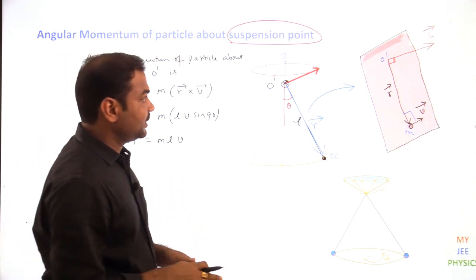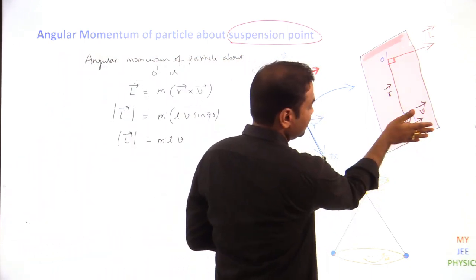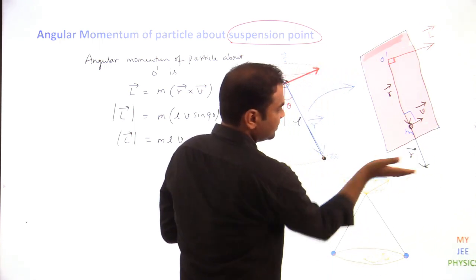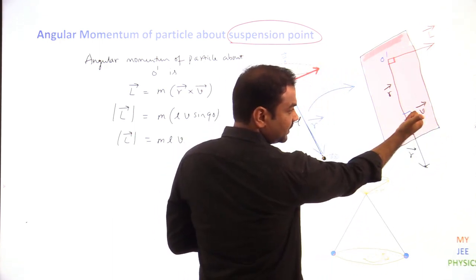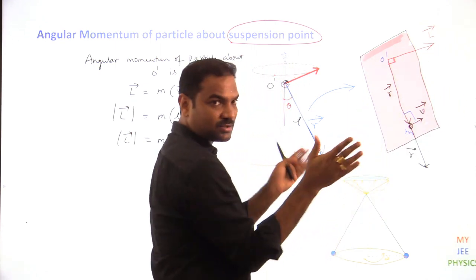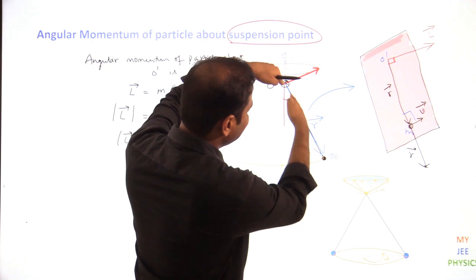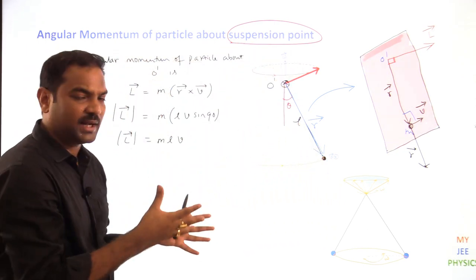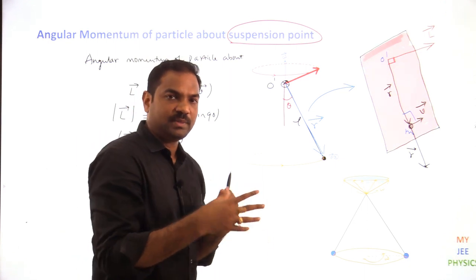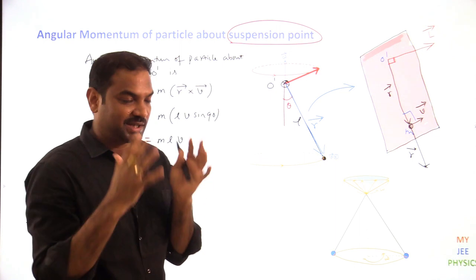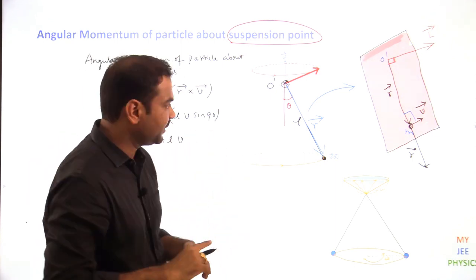But what about the direction? The direction we can find from R bar cross V bar. See, this is the R bar. If I curl the fingers along R bar cross V bar, then the thumb comes perpendicular to the plane. Actually, it's not coming out of the board, it's something like a slant. I didn't get a good animation to show this, but as time goes on, you'll get better animations to visualize things.